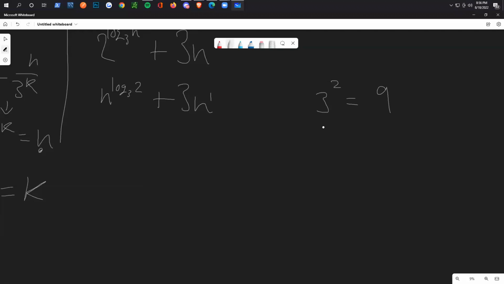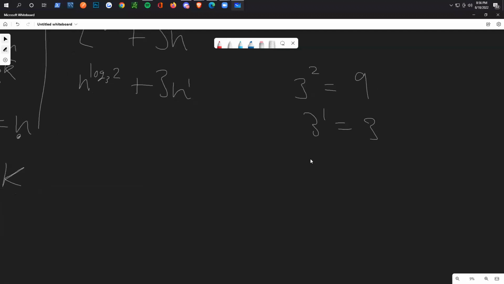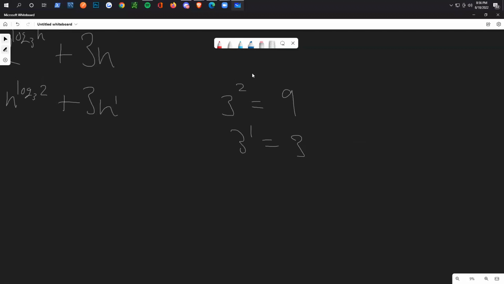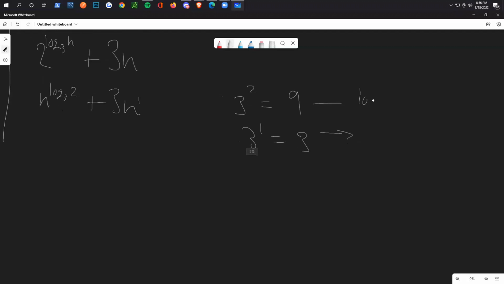We know that 3 to the 1 is equal to 3. So if we put this into log format, we can say that log base 3 of 9 is equal to 2. Log base 3 of 3 is equal to 1.